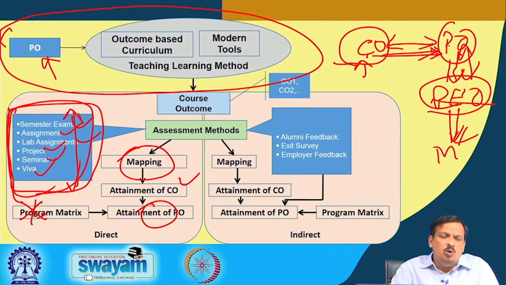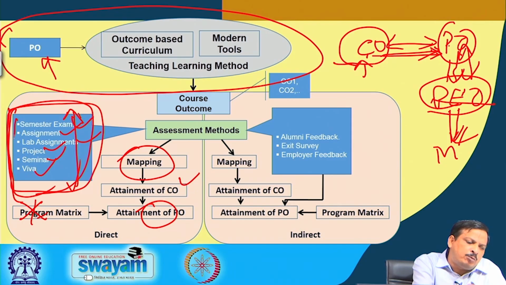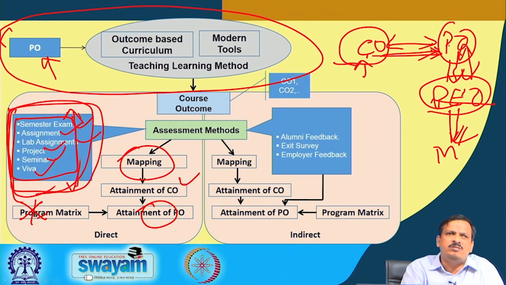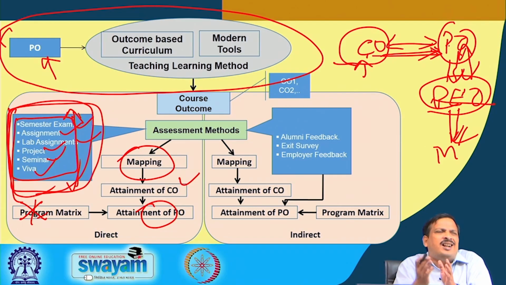Because we said those are the assessment procedures, not all courses use all the assessment procedures. You may say theory courses will be tested by only a semester exam. Lab courses, lab assignment, seminar, project.